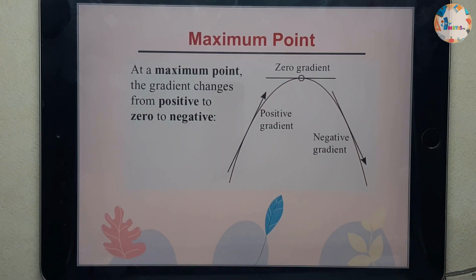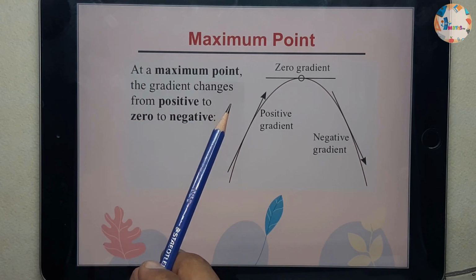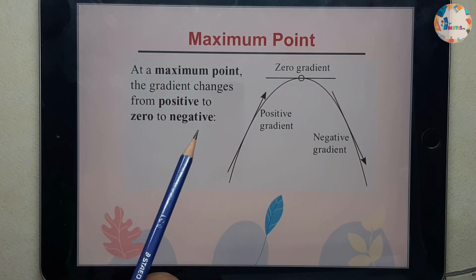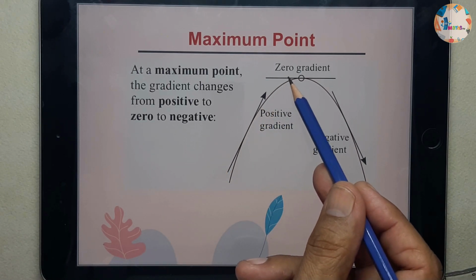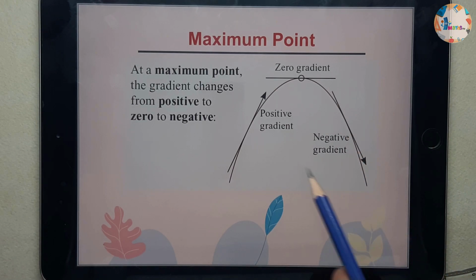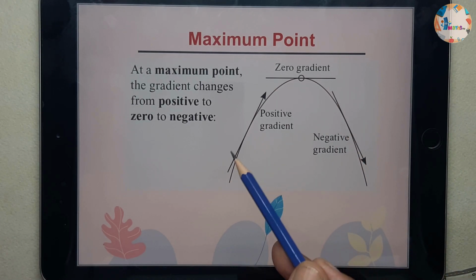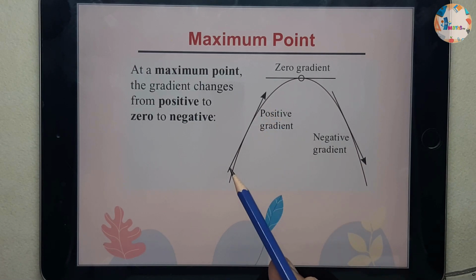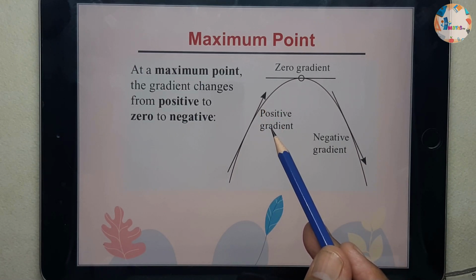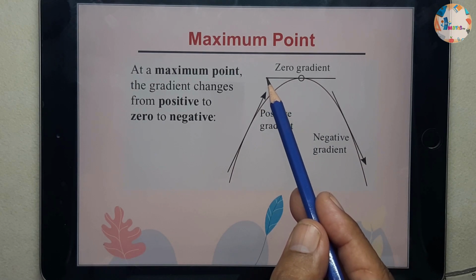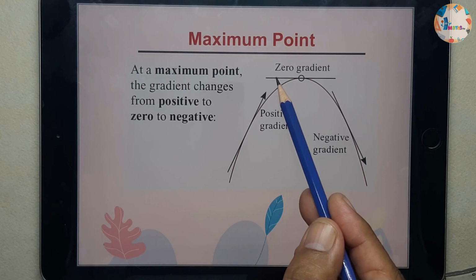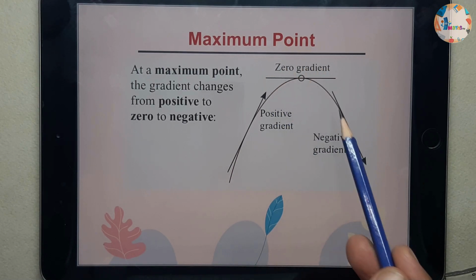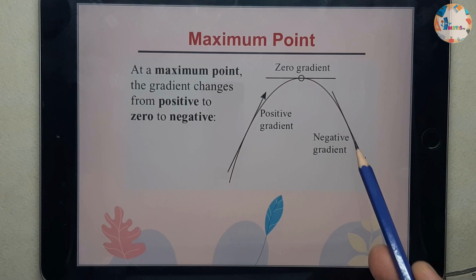A maximum point is a point at which the gradient changes from positive to 0 to negative. If the curve is like this, the gradient on this side is positive, this arrow is representing positive gradient, and this horizontal line touching the curve at this point means the gradient is 0 over here, and the gradient is negative on this side.